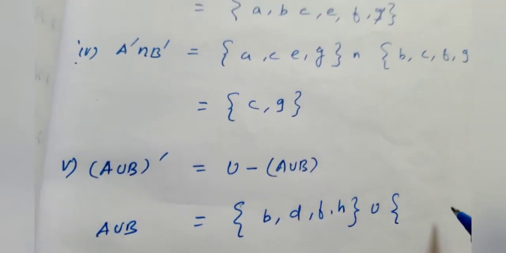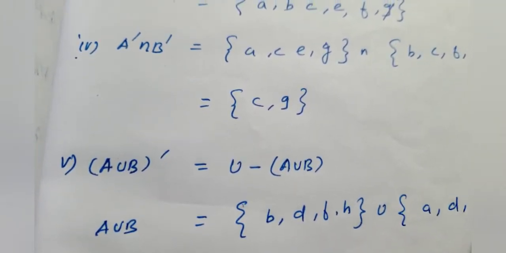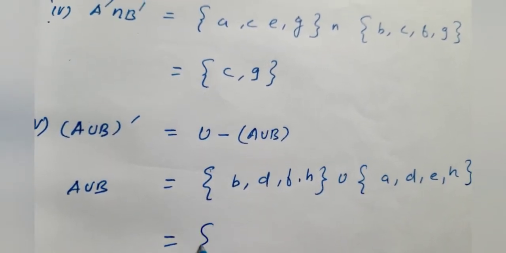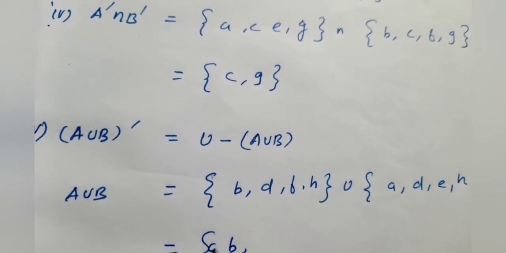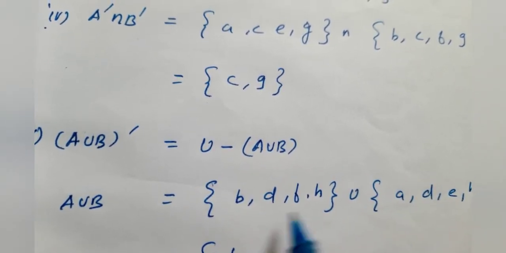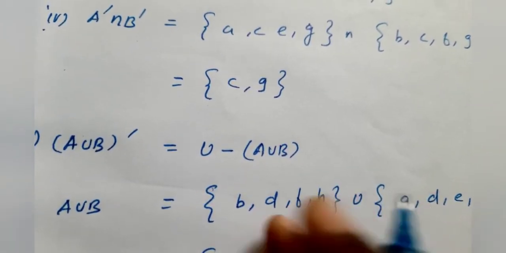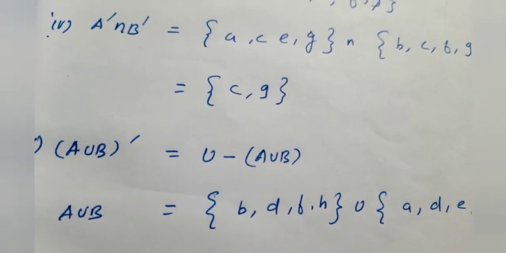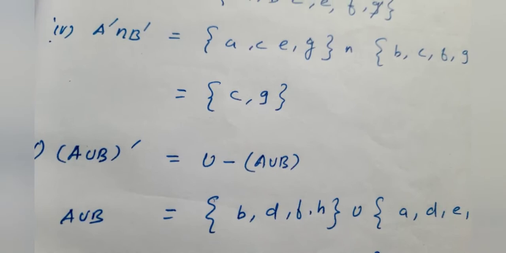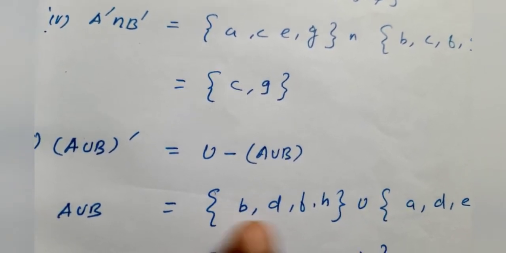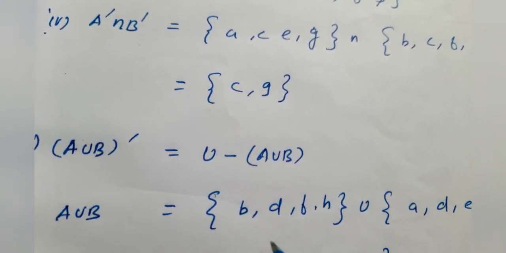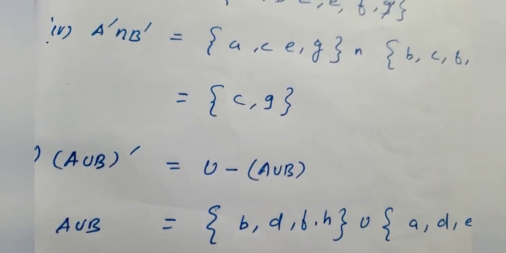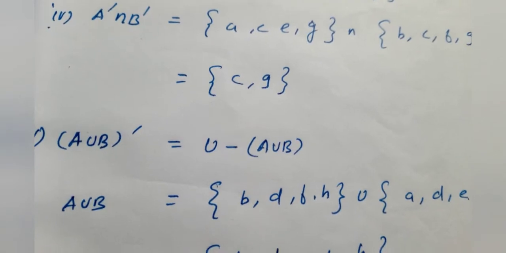Then B is A, D, E, H. Then A union B means A, B, D, E, F, H. So these elements are called A union B.